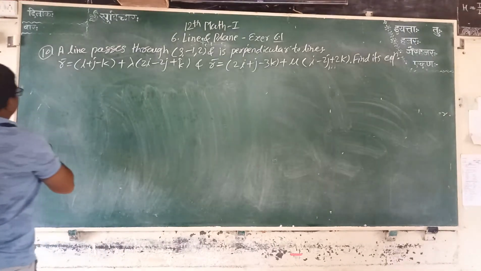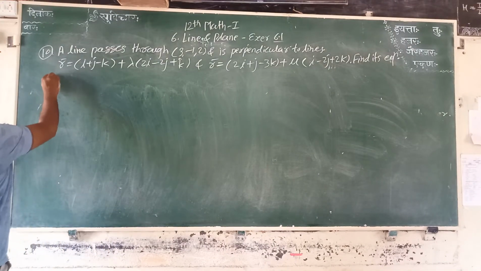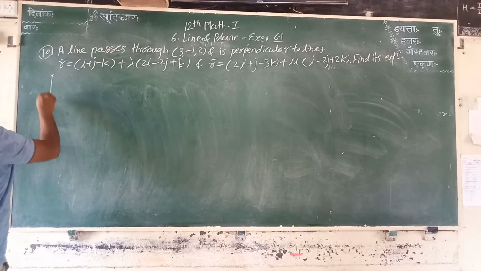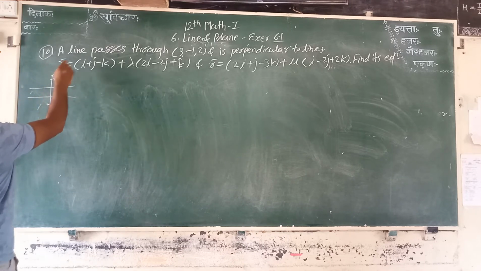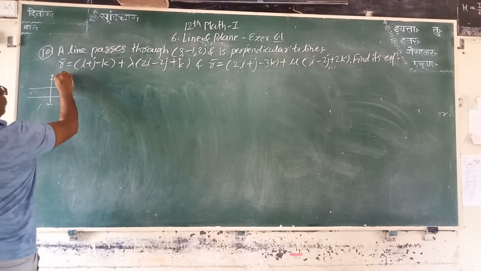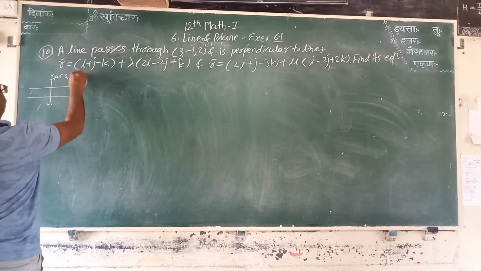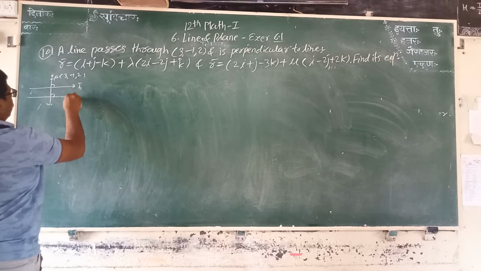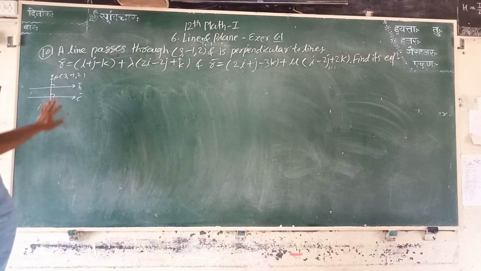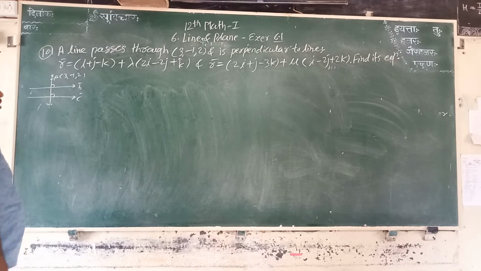Here is the required line, which passes through the point 3, minus 1, 2 and is perpendicular to lines b bar and c bar. Why do we say b bar and c bar?